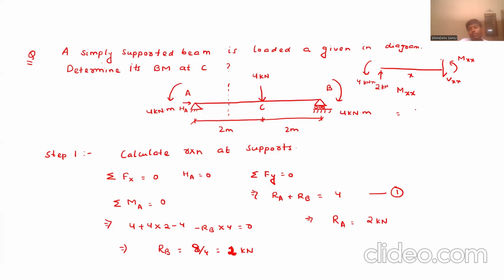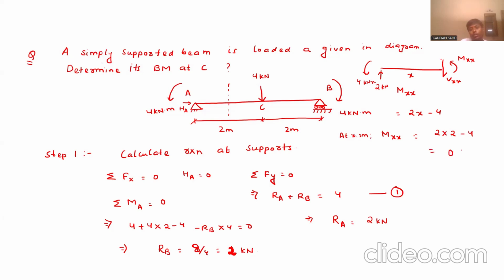So MXX will be 2 into X minus 4. Okay. So MXX at X equal to 2 meter will be how much? 2 into 2 minus 4.